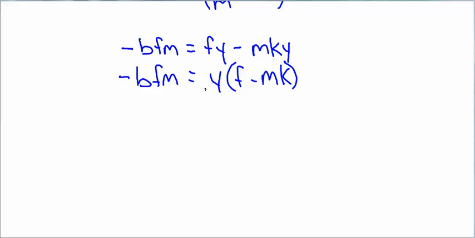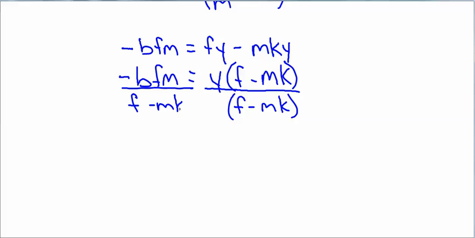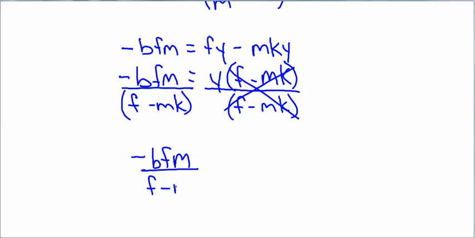If you divide each side by f minus mk, then all of this cancels out. And on the left hand side of the equation you get negative bfm over f minus mk is equal to y.